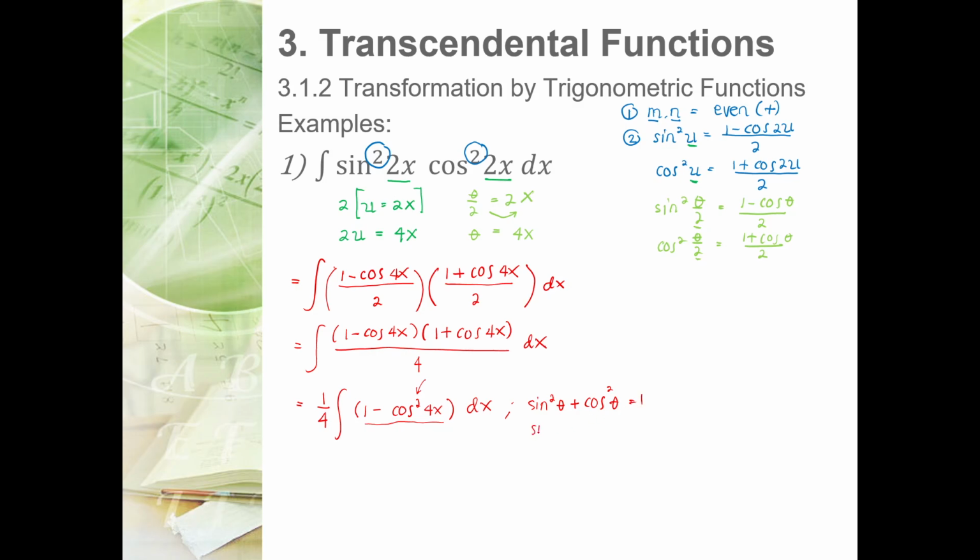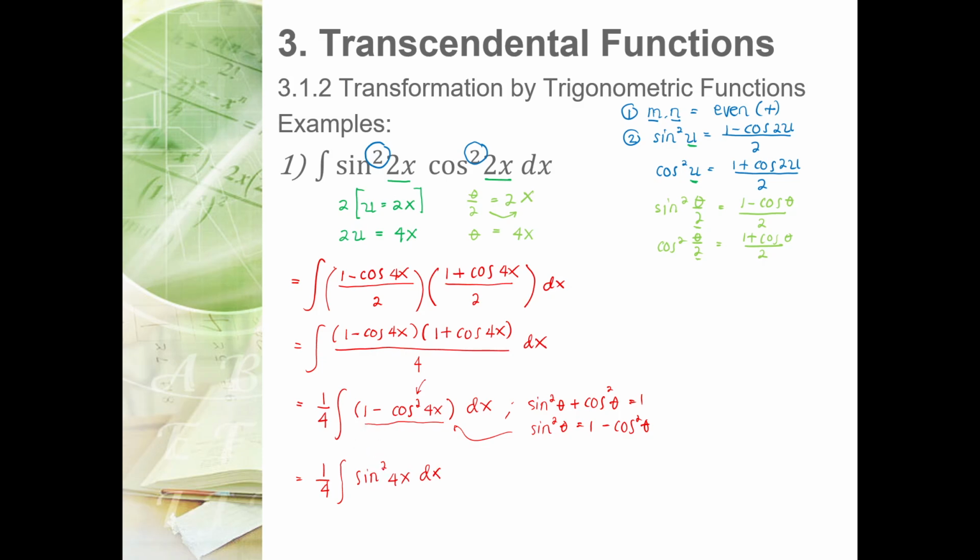So we have sine squared theta is equal to 1 minus cosine squared theta. So we can simplify it even further. So this becomes 1/4 the integral of sine squared 4x dx.